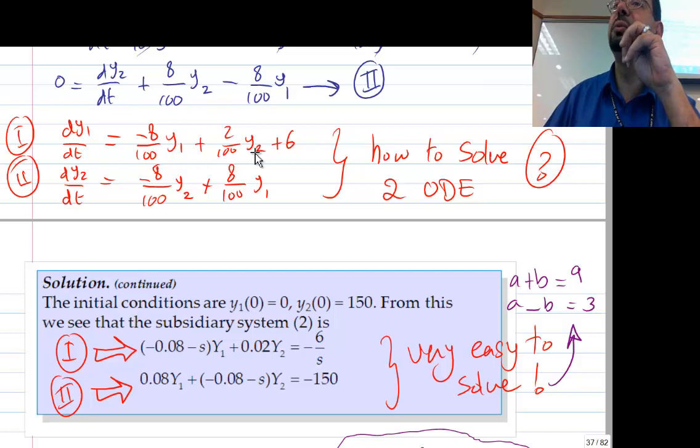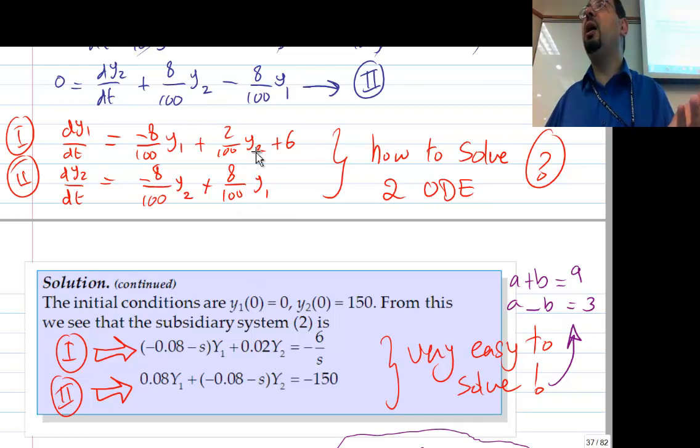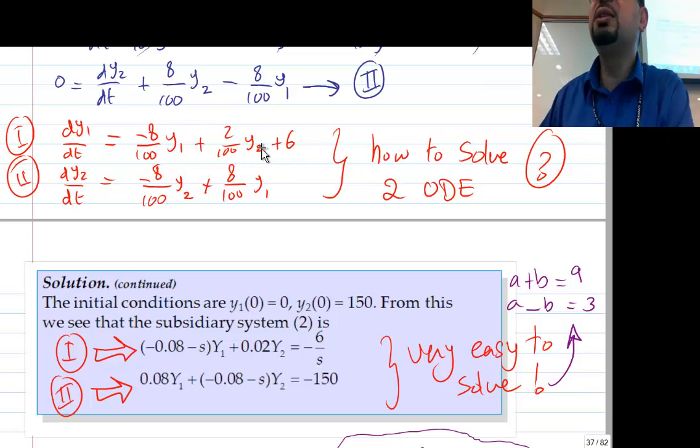What's the Laplace transformation? 0.02 over s squared? No, this is y2. y2 is just a function of time, y2 of t, like f of t, g of t. It's the amount of salt inside the second tank. So what is the Laplace of y2 of t?